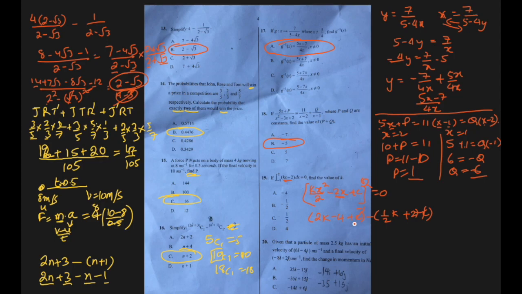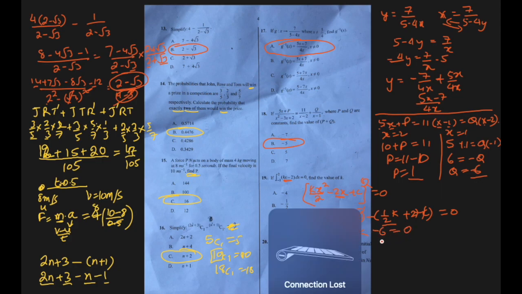C and c cancel. And this is equal to 0, they're saying. 2k minus half k will be 3 over 2k. Minus 4 minus 2, so minus 6 equal to 0.